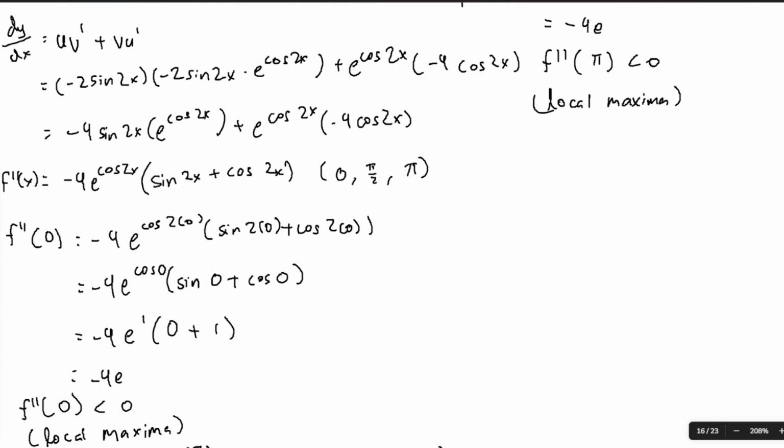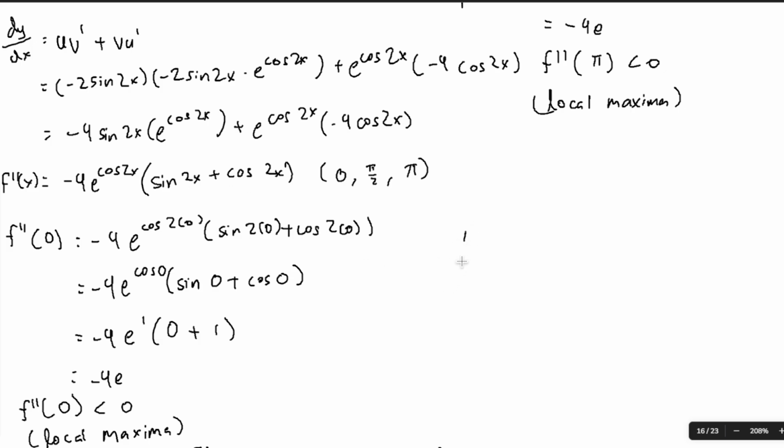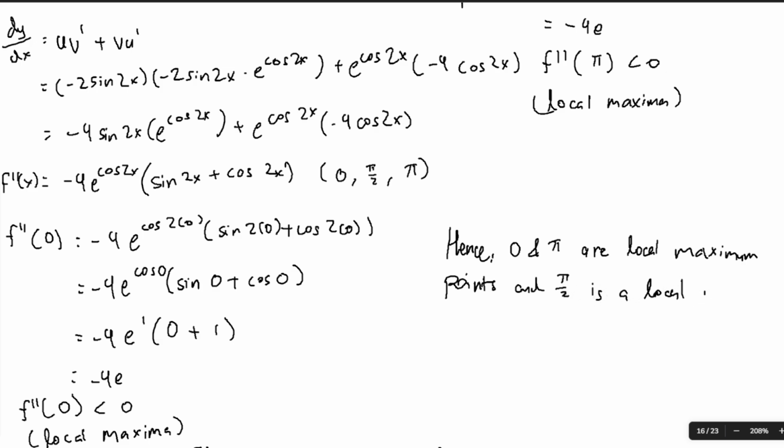And we need to make our conclusive statement. So hence, 0 and pi are local maximum points, and pi over 2 is a local minimum point.